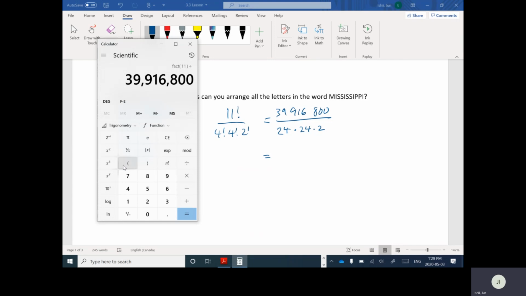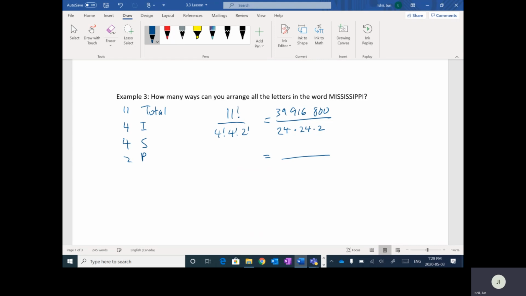I'm going to make sure that the denominator here, I'm going to put it into brackets. All right, so I'm going to punch in 24 times 24 times 2. And that's going to give me 1152 on the bottom. Actually, you know what? I'm going to write that in between here.